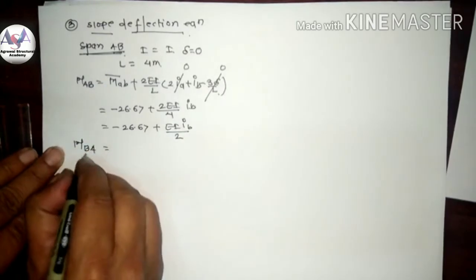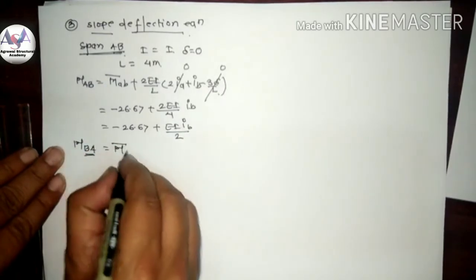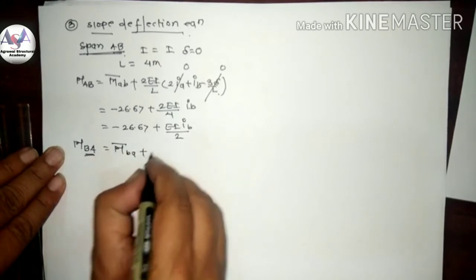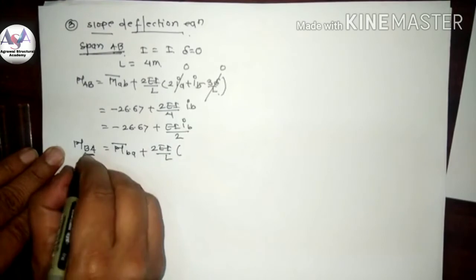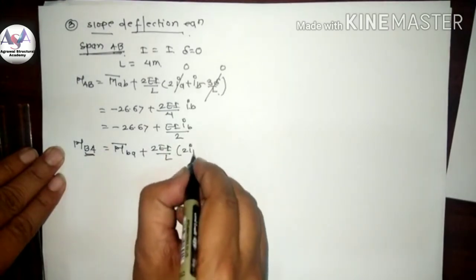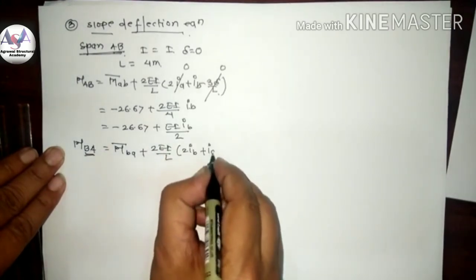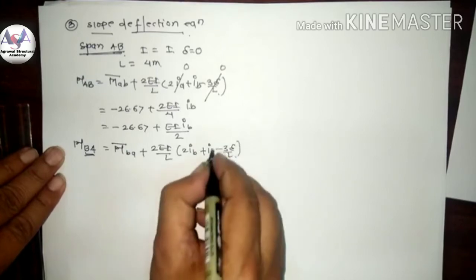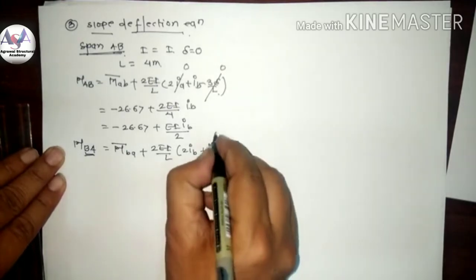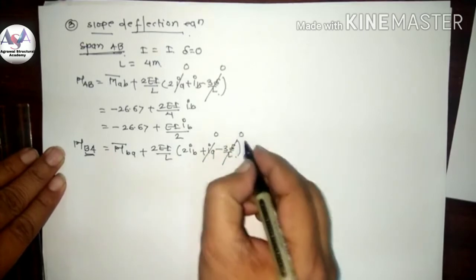Then M BA. So here M BA, you write M bar BA plus this common 2EI by L. Now the first letter is B, so write here twice theta B plus theta A minus 3 delta by L. We know that theta A is 0. Here delta is not given, so that is 0.